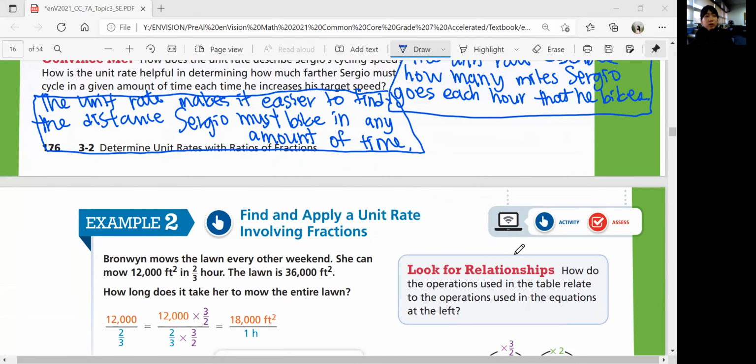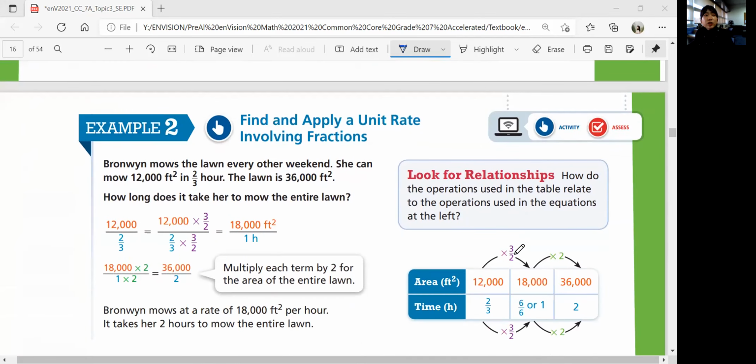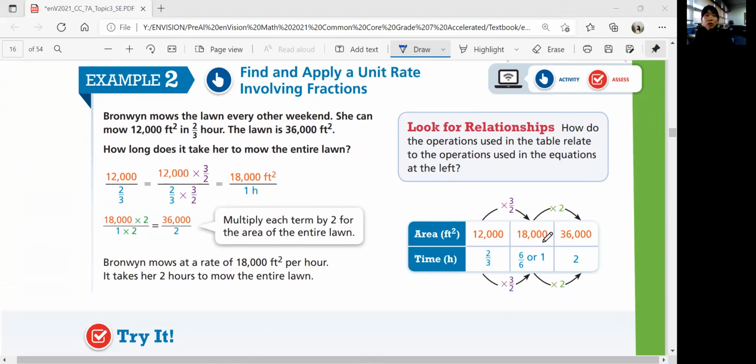Let's look at example 2. Find and apply unit rate involving fractions. Bronwyn mows the lawn every other weekend. She can mow 12,000 feet square in 2/3 hour. The lawn is 36,000 feet square. How long does it take her to mow the entire lawn?